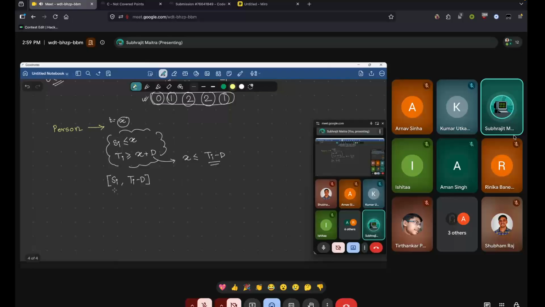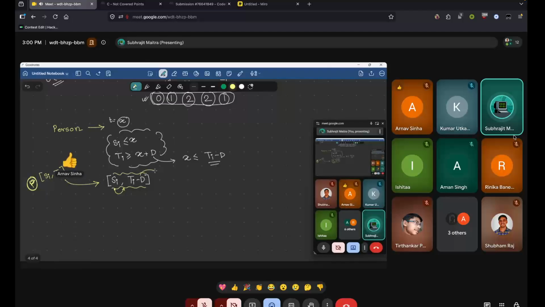Why? Because if it starts at Si, then Si plus d will be in my range. Suppose a person stays from time Si to Ti, then this person can do a murder if the murder starts within this range of time. Is it clear, Arnav?